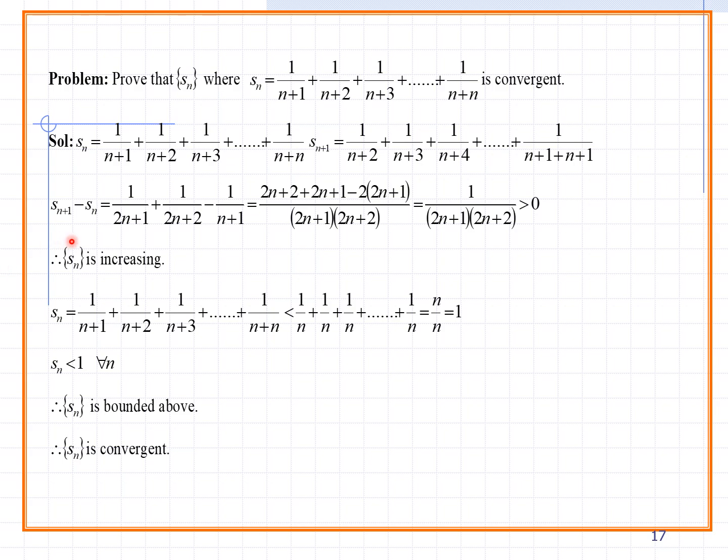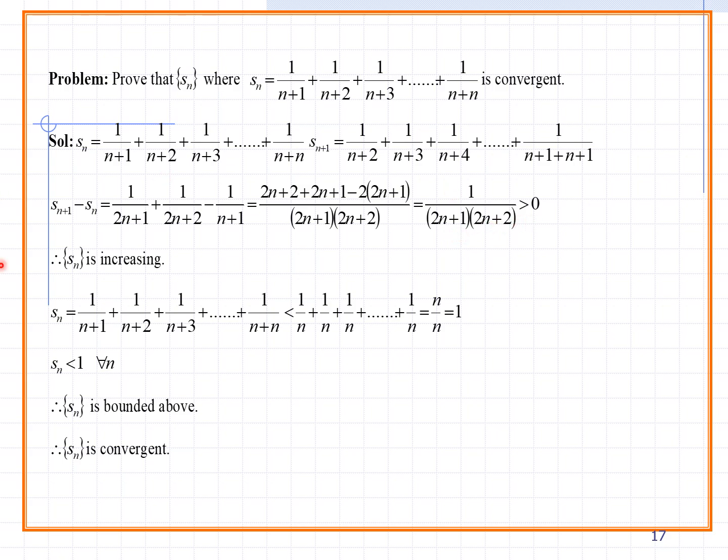Taking the condition, the highest term minus the lowest term is compulsorily positive. Once it is positive, the given sequence is increasing. Sn is the given sequence. Sn plus 1 means n is replaced by n plus 1. After that you subtract the given sequence from the n plus 1 sequence. Finally you get 1 by (2n plus 1) into (2n plus 2) greater than 0.